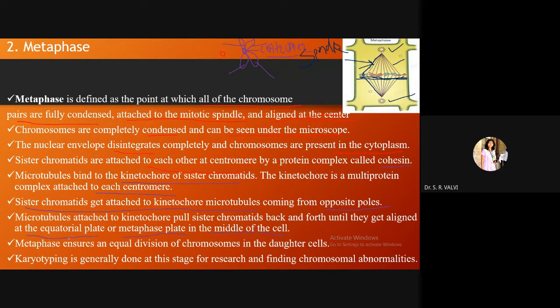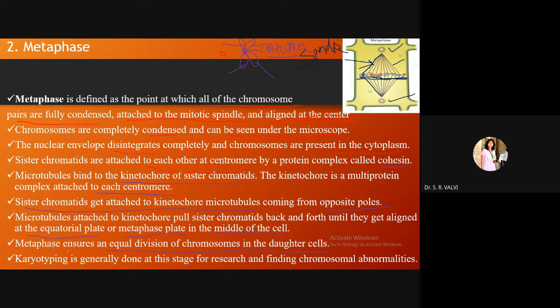Metaphase ensures an equal division of chromosomes in the daughter cells. With the help of the centromere, half of the chromatid parts move towards up and half towards down.